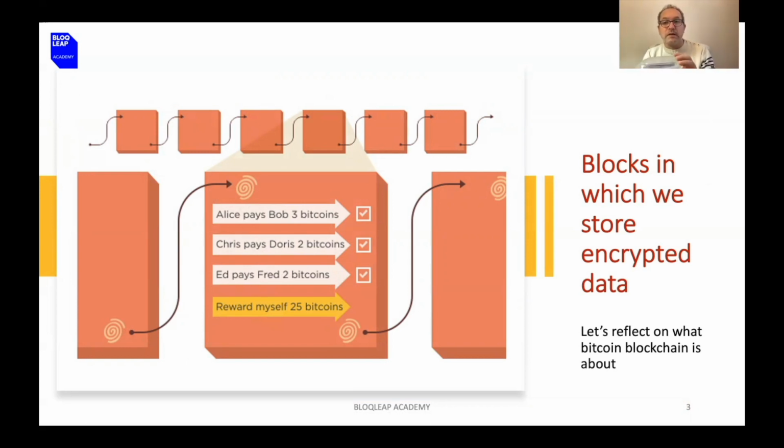Imagine you play the game with the old man and you find, as a miner, the right number. You seal the block, and this block is put in the blockchain at some time in the day.